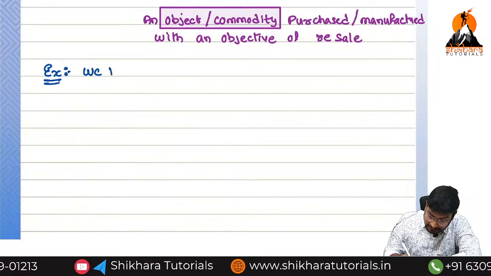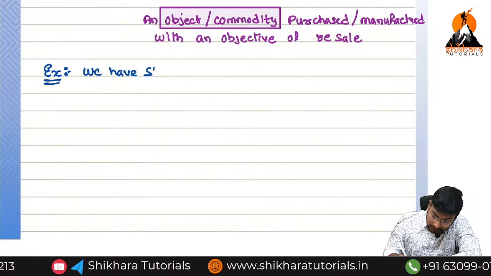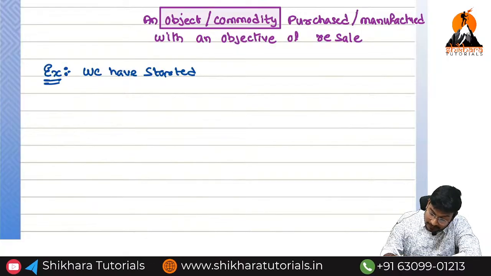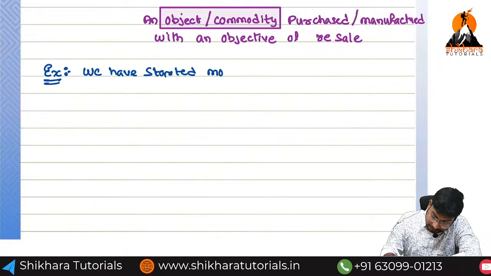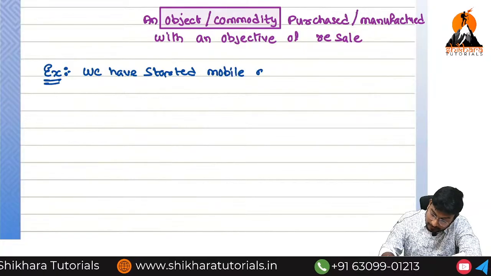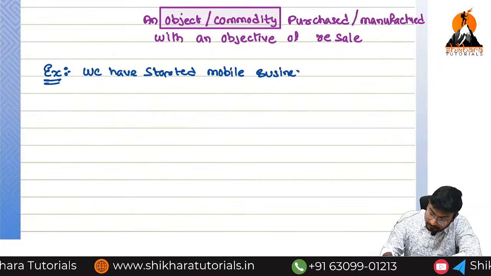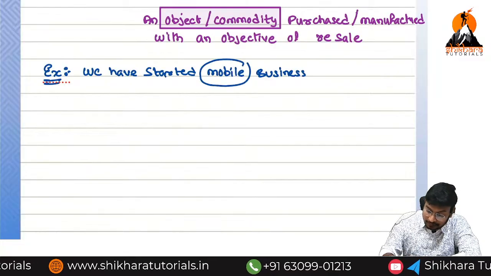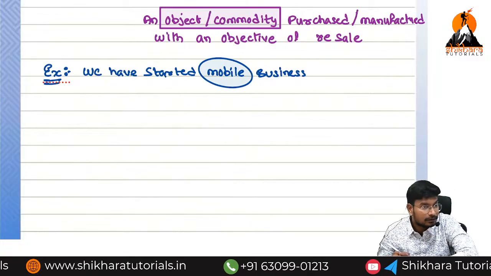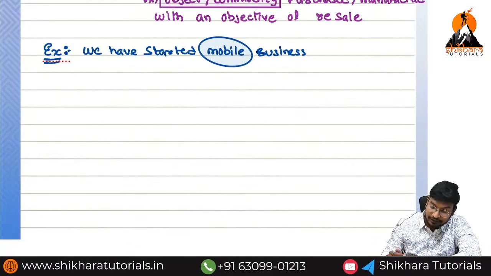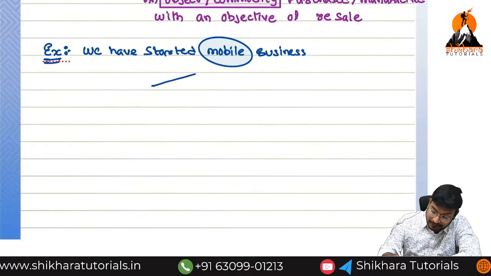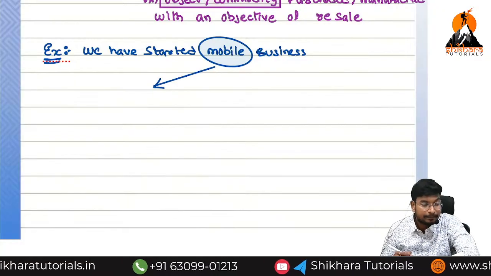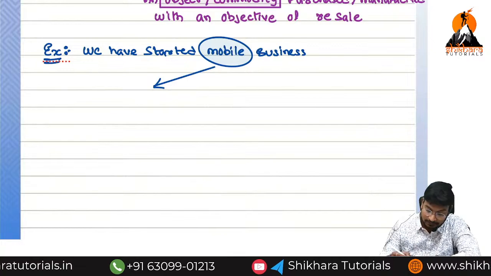For example, we have started a mobile business. Here the goods are nothing but mobiles. Mobiles are the goods. Here mobiles can be purchased and resold.